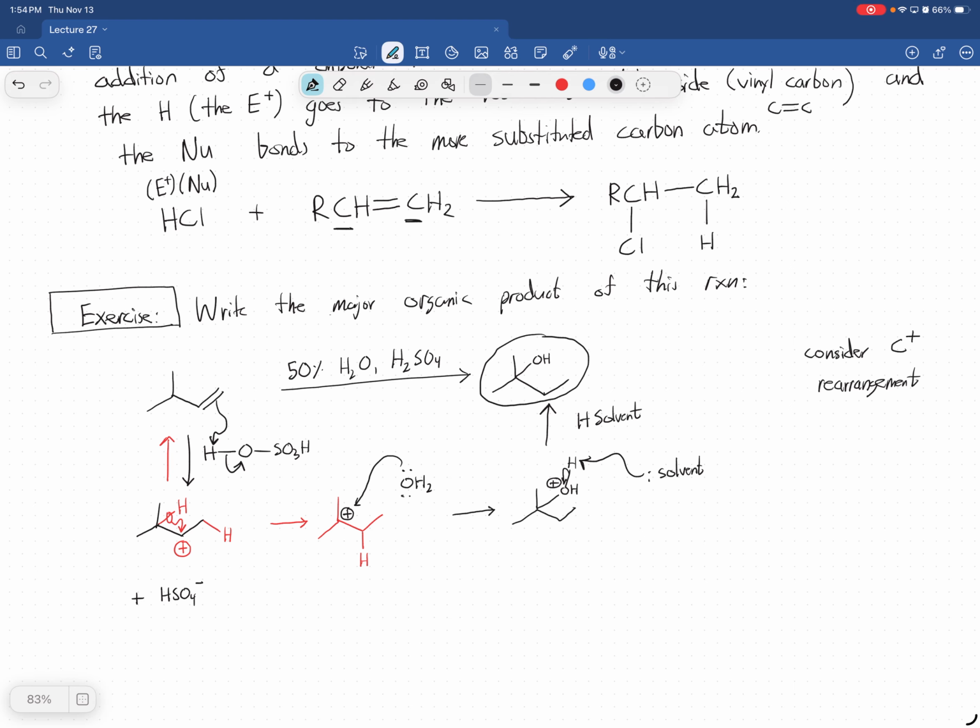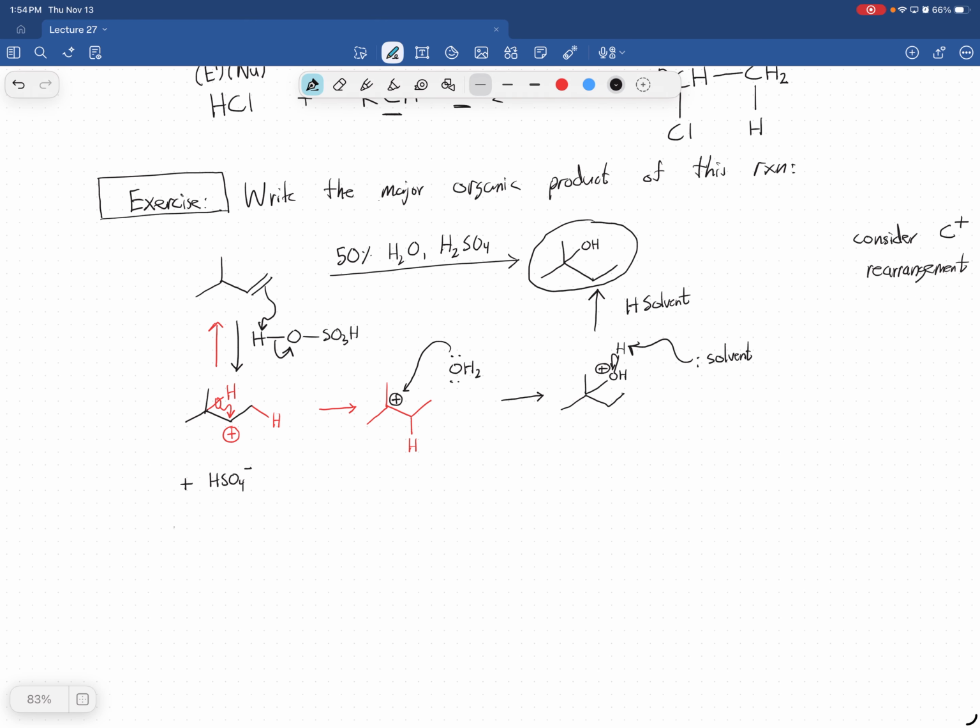Are there any questions about the mechanism? It's very similar to alcohols. You protonate the leaving group. In this case, you don't have a leaving group though. The alkene is your leaving group. It disappears. So the alkene, quote unquote, leaves, and you get a carbocation on the more substituted position.